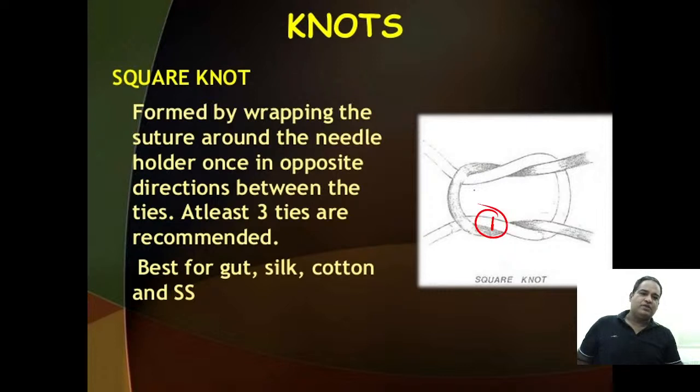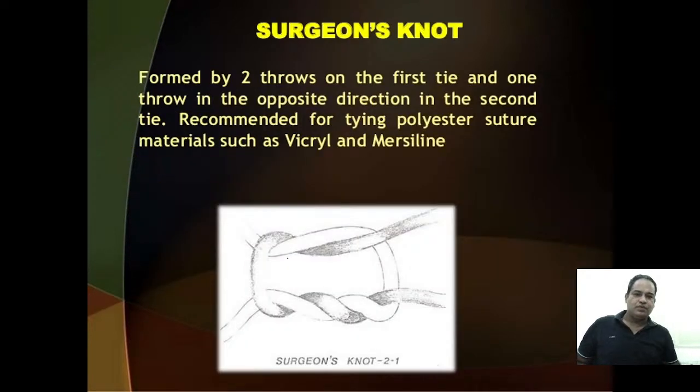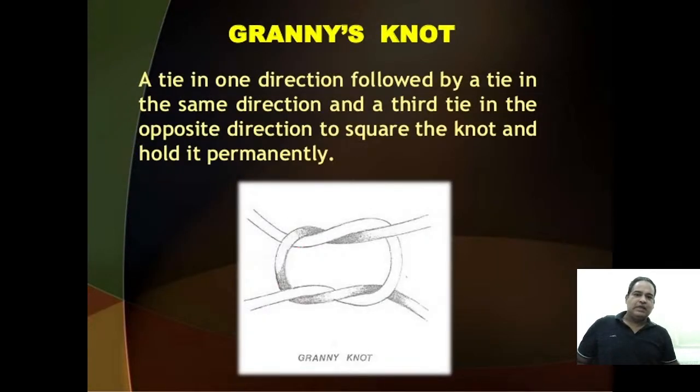Square knot: one throw, second throw, both below the first throw. Granny knot: one throw, second throw, one above, two below.